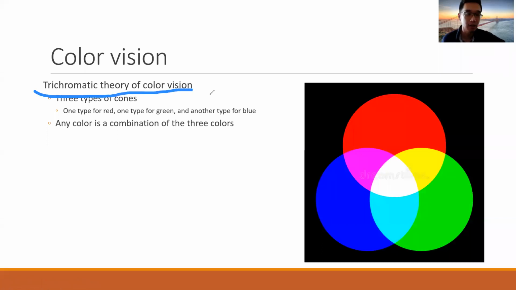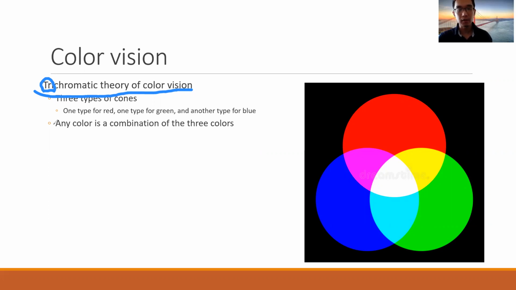Tri means three, and chromatic means color, so trichromatic means three colors. You can understand it as the three color theory of color vision. Why is that? Because they found that there are three types of cones.